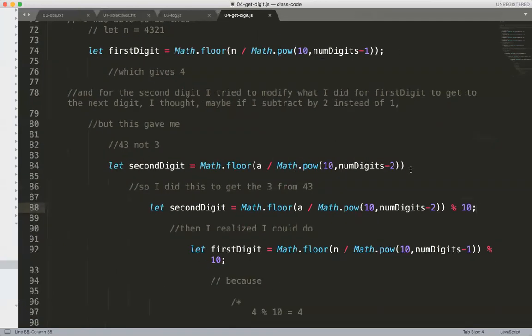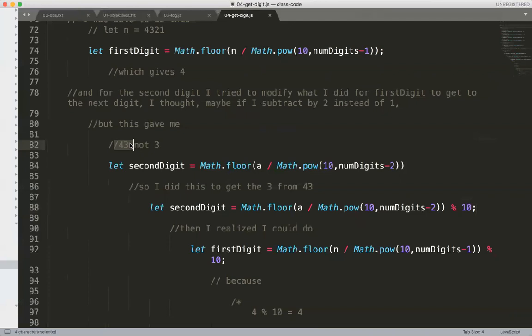If you take this number 43 and mod it by 10, it's going to give you the last digit. Whenever you mod something by 10, it's going to give you the last digit. Why? Because it checks how many times 10 can go in, right? How many times can 10 go into 43? 4, right?